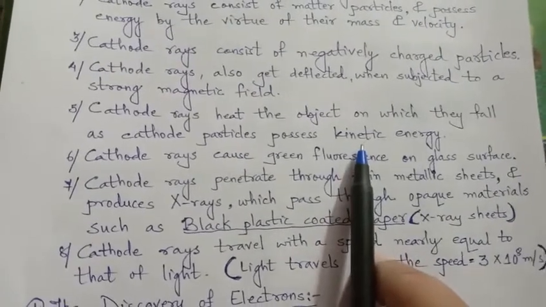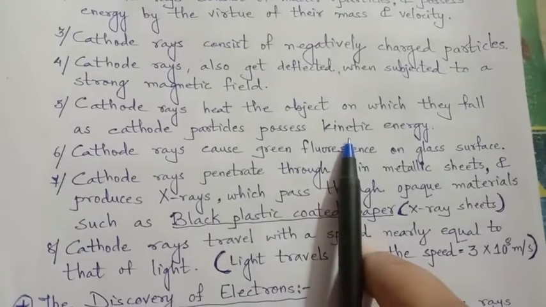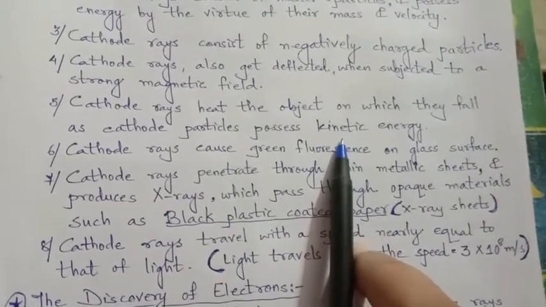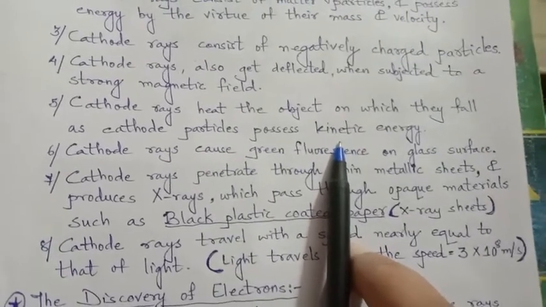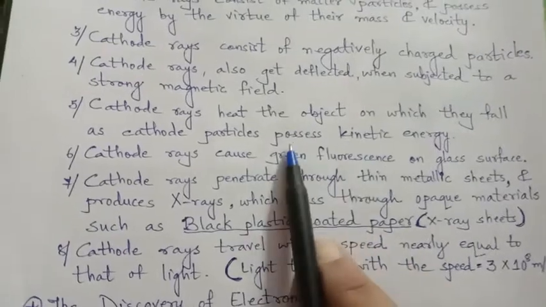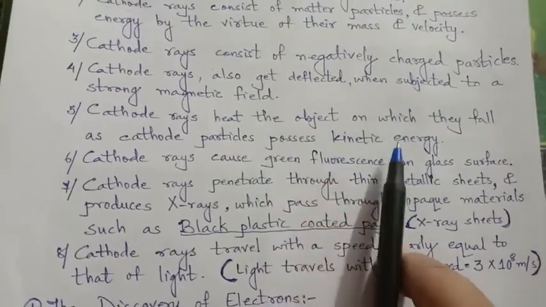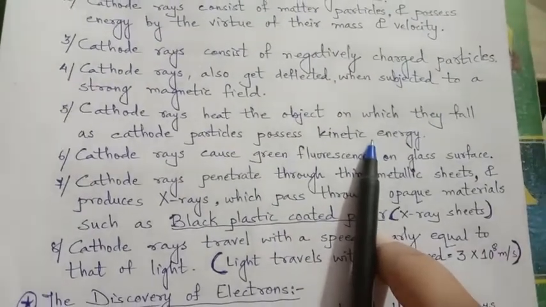We know that sun rays travel from the sun to the earth. How do they travel? The photons, the particles of light, are traveling, and we observe it in the form of rays. So here also, when cathode rays travel, they possess energy, and the energy is kinetic energy, which you have also learned in physics.